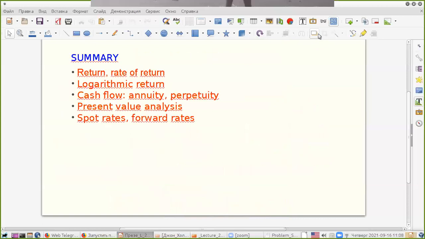So, summary. Today we learned formulas for risk-less financial instruments.